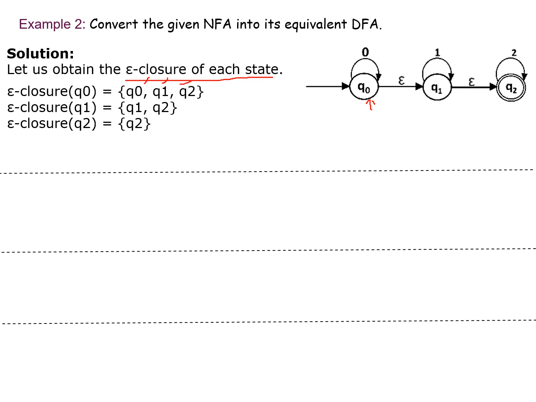Then E closure of Q1: from Q1 you can reach Q2 without taking any input, so it is Q1 and Q2. E closure of Q2 is only Q2.